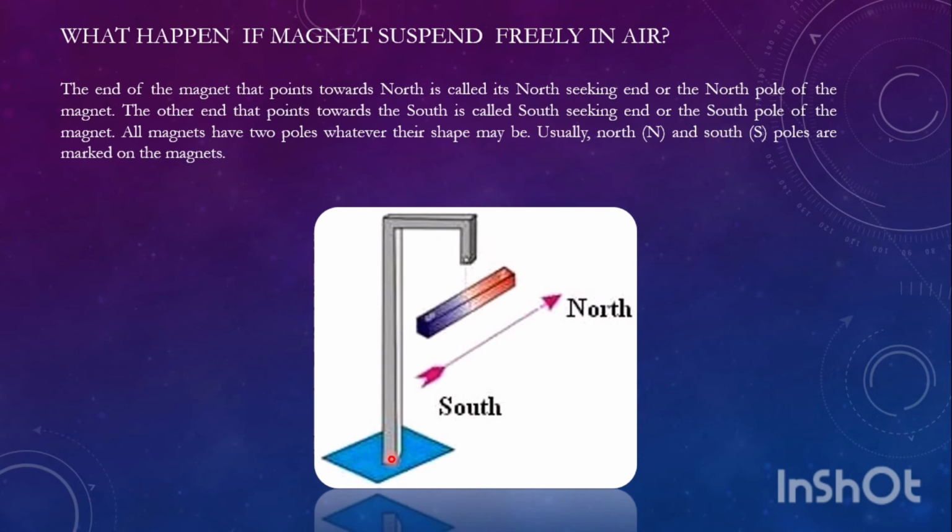So you can see that if you suspend a magnet freely in air, it always settles in the direction of south and north. All magnets have two poles whatever their shape may be, and usually north and south poles are marked on the magnet.